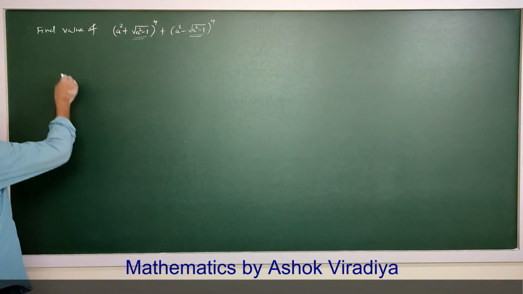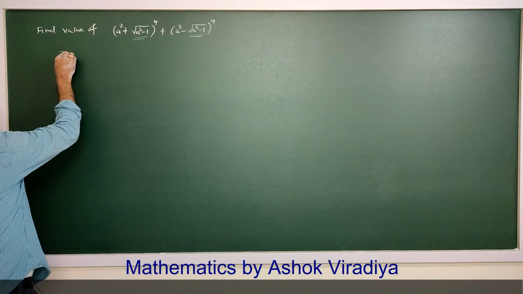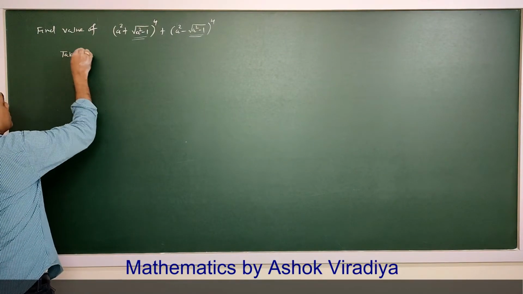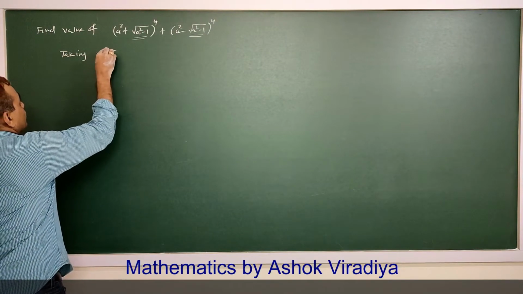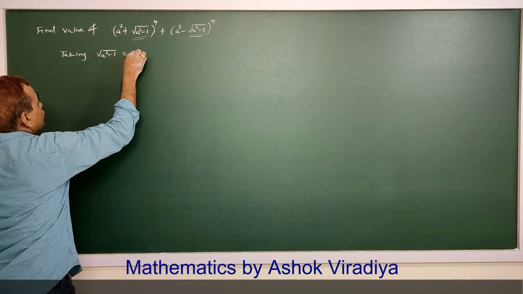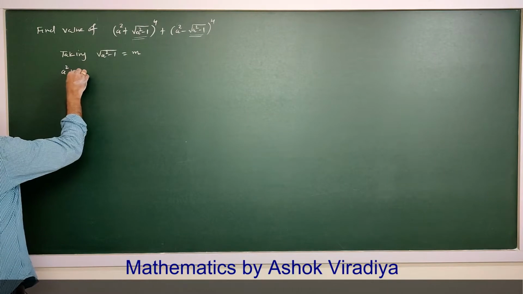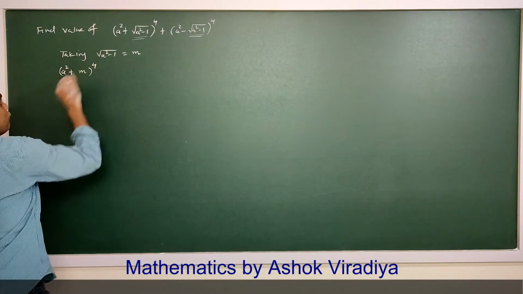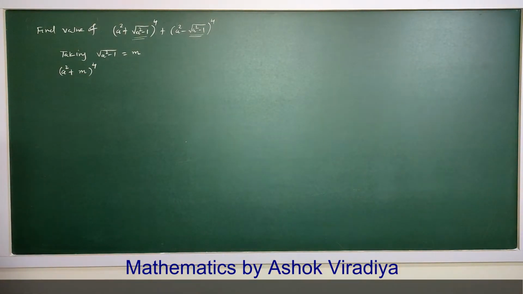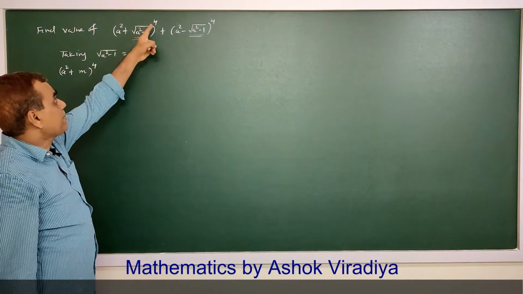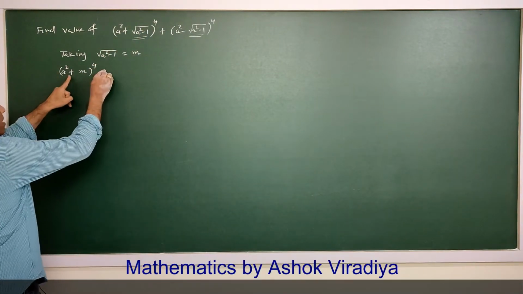So here we are taking root (a square minus 1) equal to m, (a square plus m) raised to 4. Its expansion is (a square plus m) raised to 4.